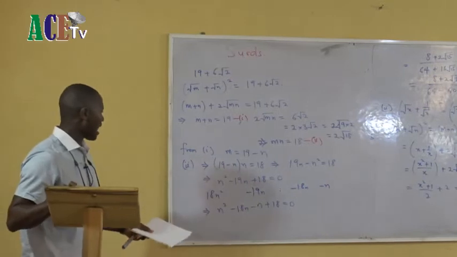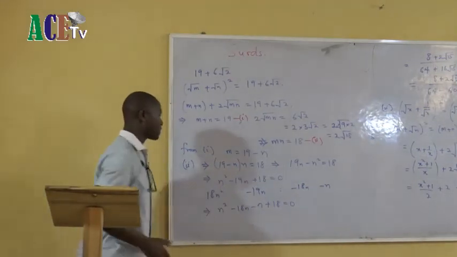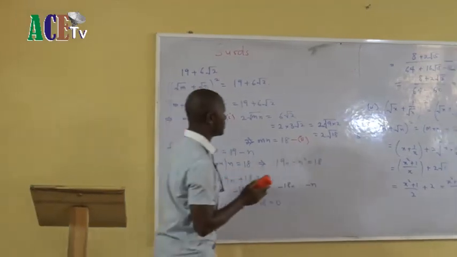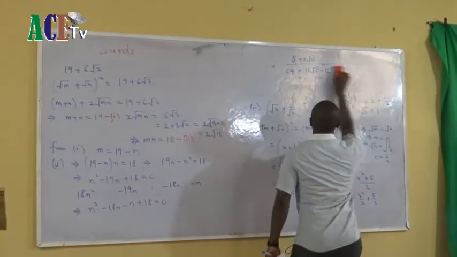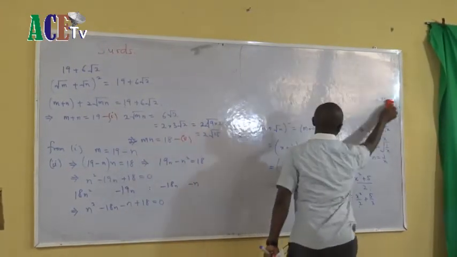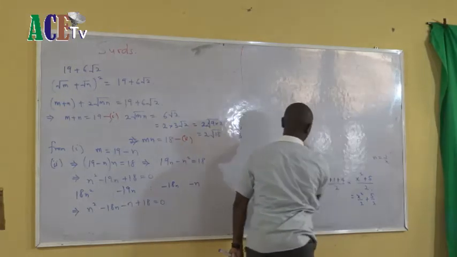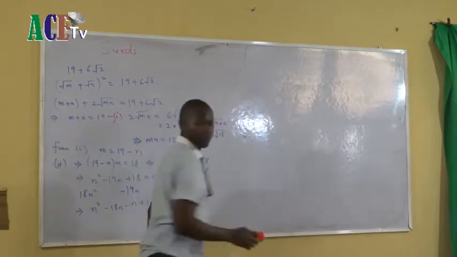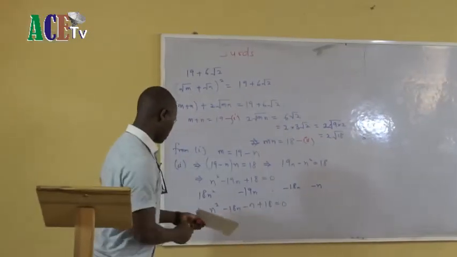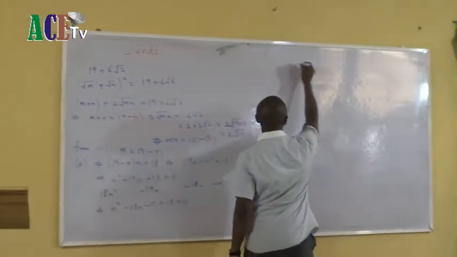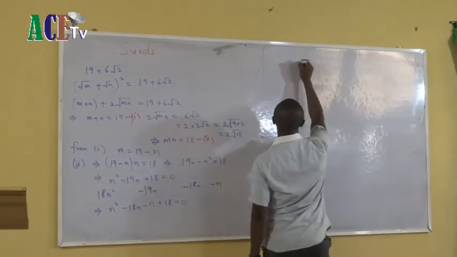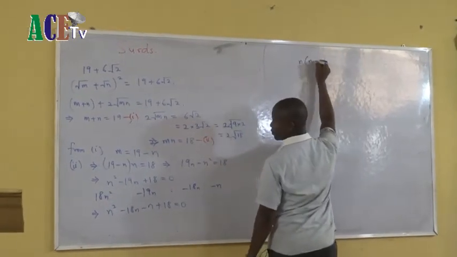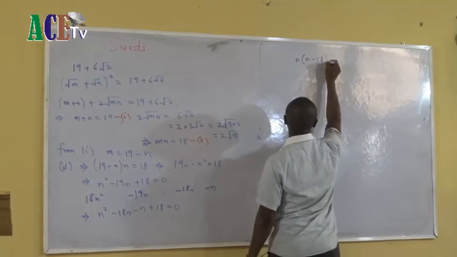Now, once we have this, we can collate terms and get our factors from it. Putting them together, we factorize n, so n is left with n minus 18.